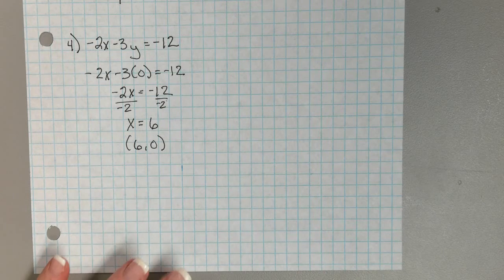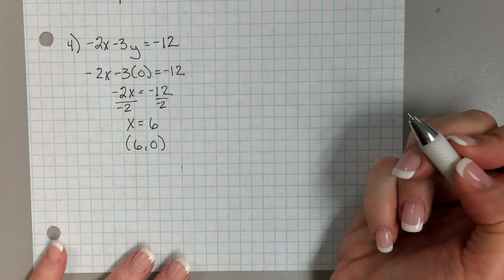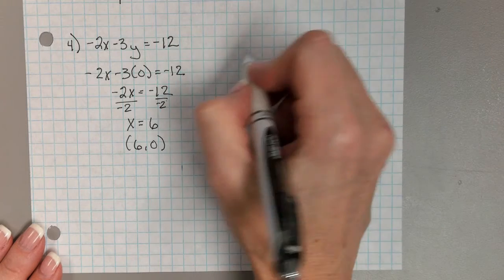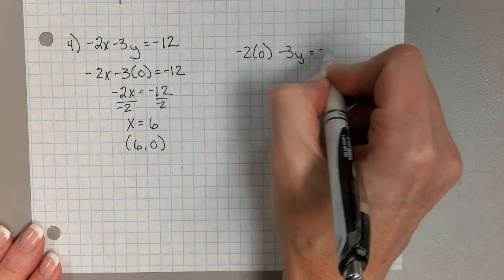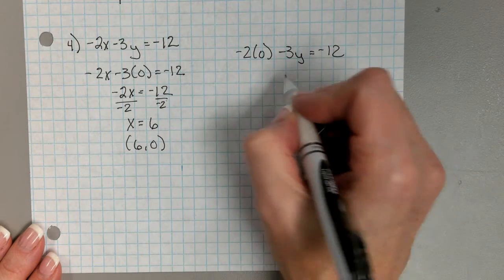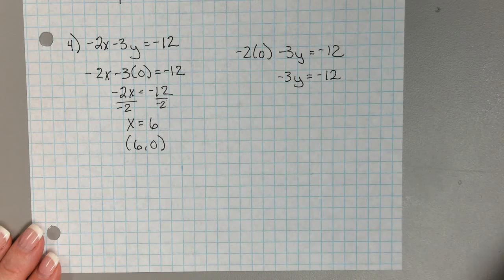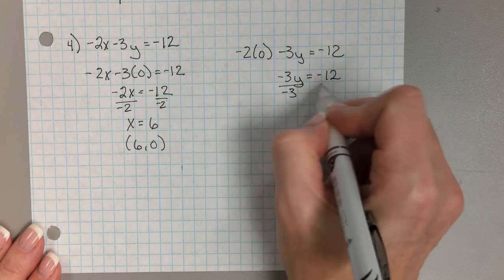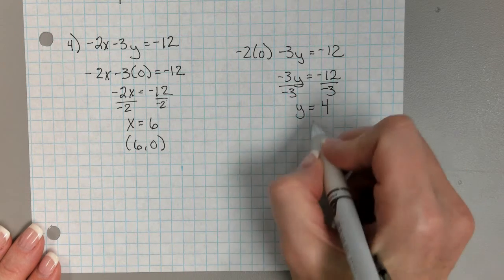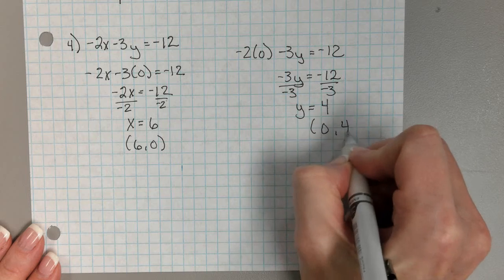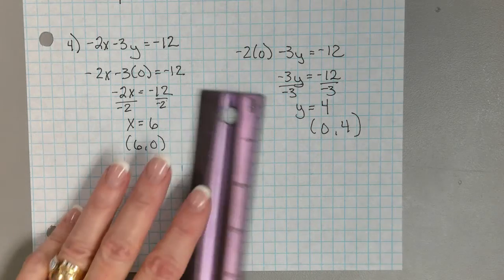All right, Aaliyah, what about my y? So I've got a point at 6, 0 and at 0, 4.